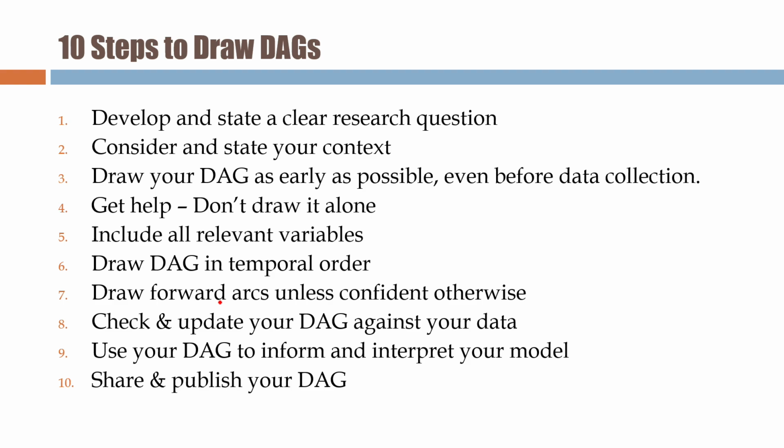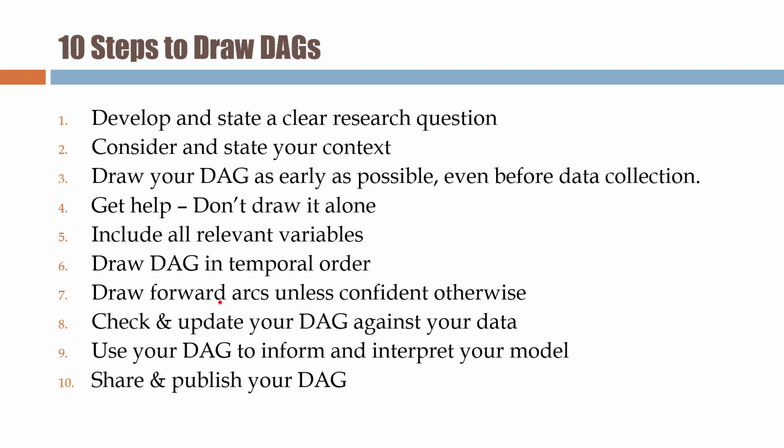And get help. Don't draw it alone, because this is more like a brainstorming procedure. So you may want to have different points of view. You get a lot of help from expertise on the context, and you might ask many people and accept different points of view.